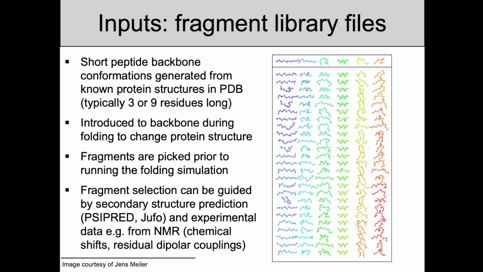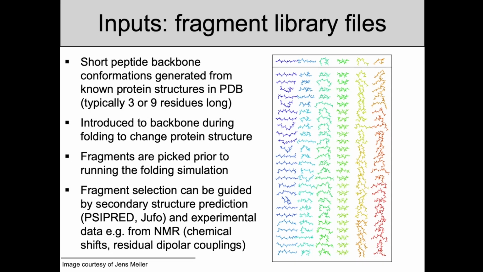3 or 9 residue fragments. So you might have a part of your protein that's a methionine, followed by a valine, followed by an isoleucine. And there are many instances in the PDB where you have a methionine, followed by a valine, followed by an isoleucine. So you can just make a file containing every instance of those 3 residues in sequence, and then essentially try and fold your protein using that information.